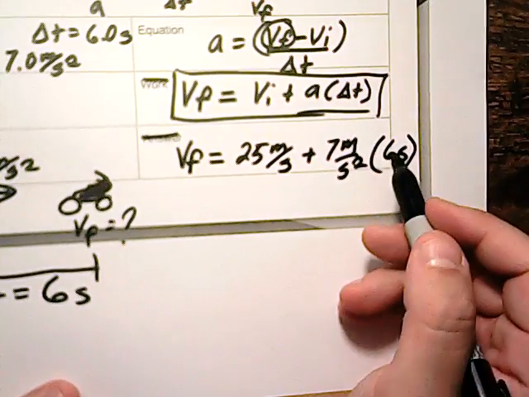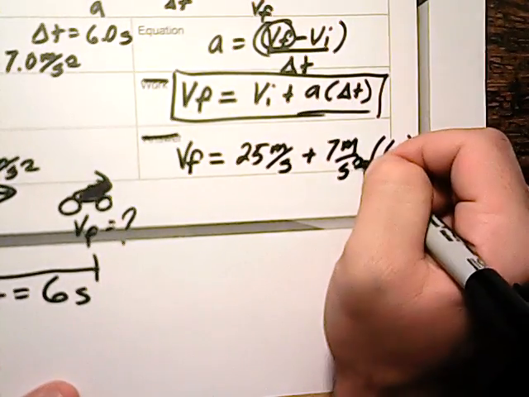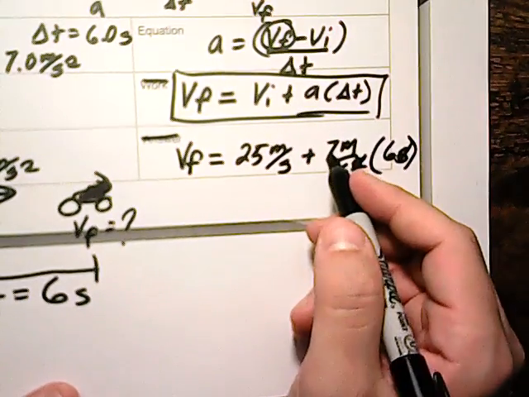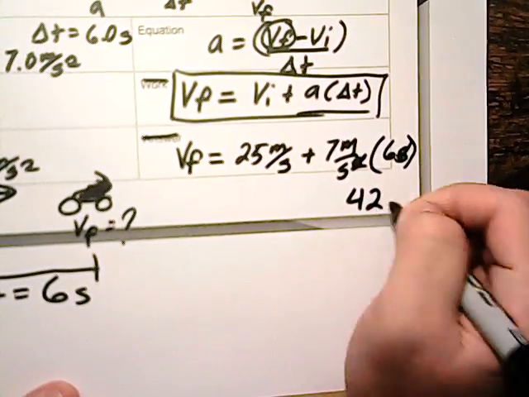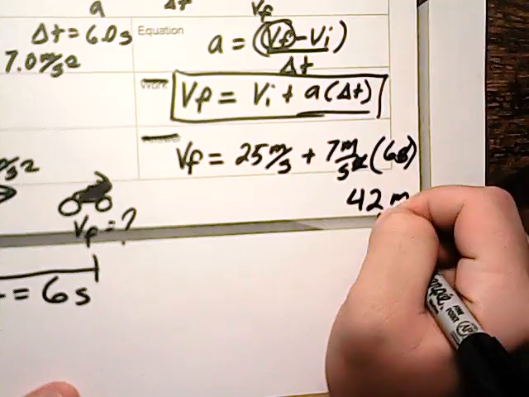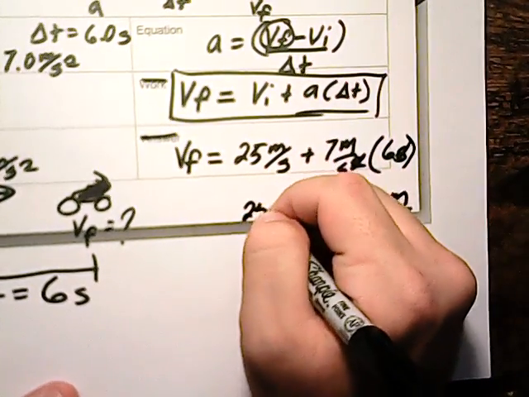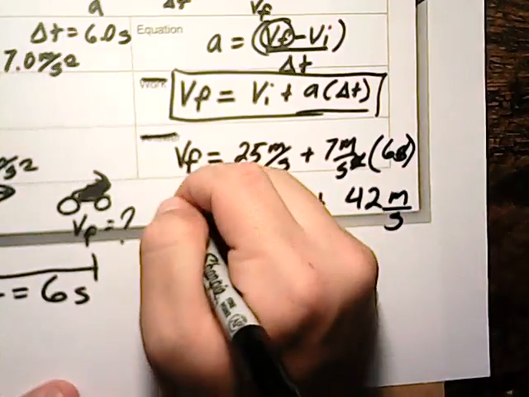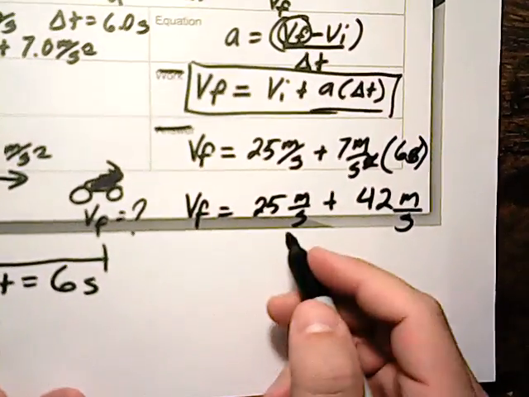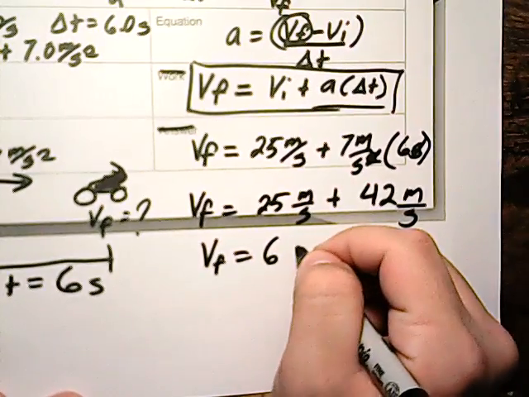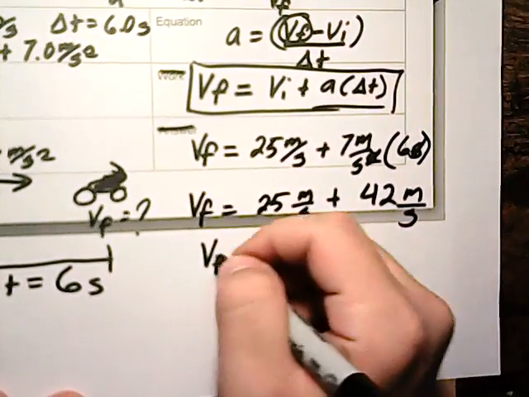So if we multiply these two together, one of these seconds is going to cancel the square. So 7 times 6 gives us 42 meters per second plus 25 meters per second. So we add these two together, we get 67 meters per second.